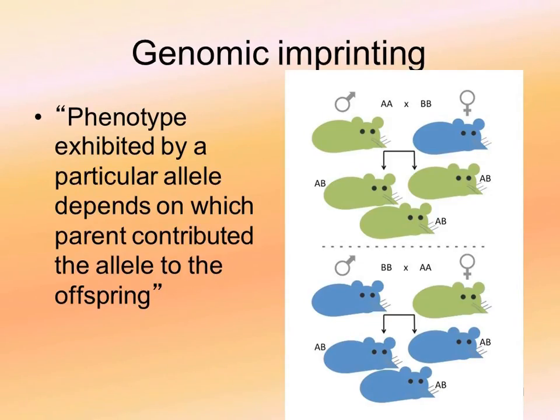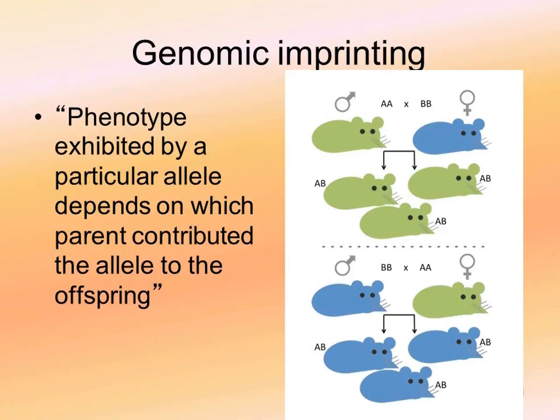A human example involves chromosome 15. In this case, if Dad's chromosome number 15 has experienced a partial deletion and Mom's chromosome number 15 has been imprinted or inactivated, the child will have Prader-Willi syndrome.